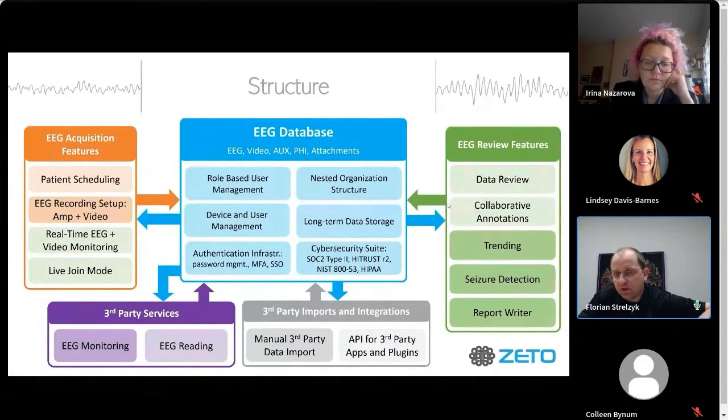And more applicable to researchers and science projects, we have a number of APIs and third-party apps and plugins. These are mostly not FDA cleared, which is why I'm not going to dive into those today. We clearly annotate them as not FDA cleared because we don't want any confusion there.